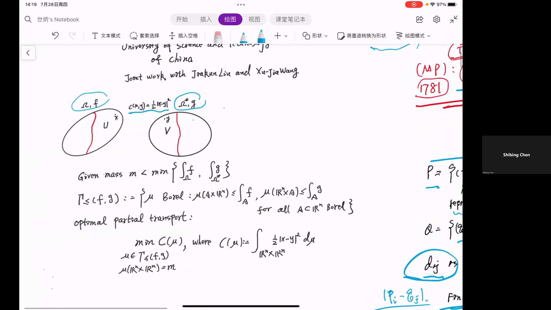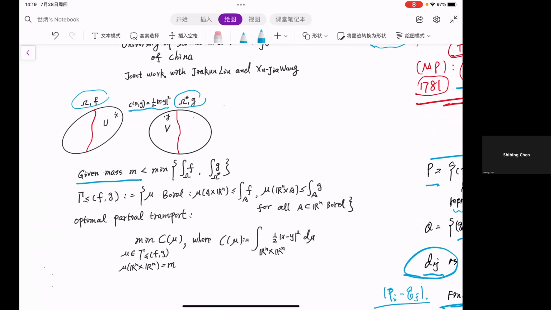So given a mass m, strictly, you can use less than or equal, but let me assume strictly less. Suppose the mass m is strictly less than the minimum of these two total masses. This small m is the mass we want to transport from omega to omega star.